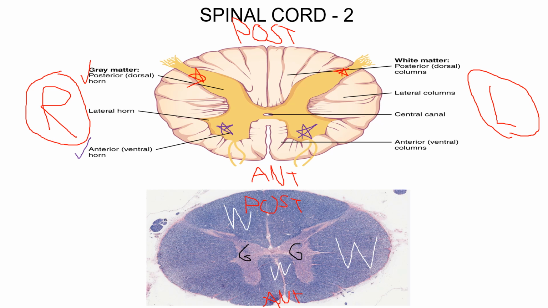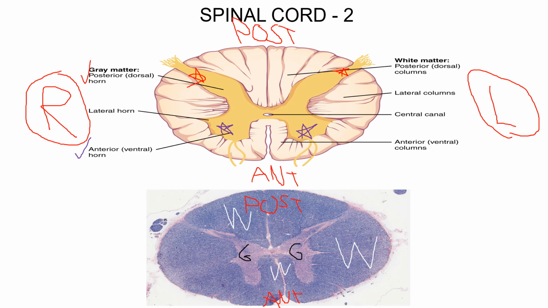Okay, let's talk about the function of these two parts, these two sections, anterior and posterior, and then we'll bring it back and I'll show you the third horn. Remember the brain physiology. The frontal lobe does what? Is it motor or sensory? And hopefully we're saying motor, right? The frontal lobe is your motor centers.